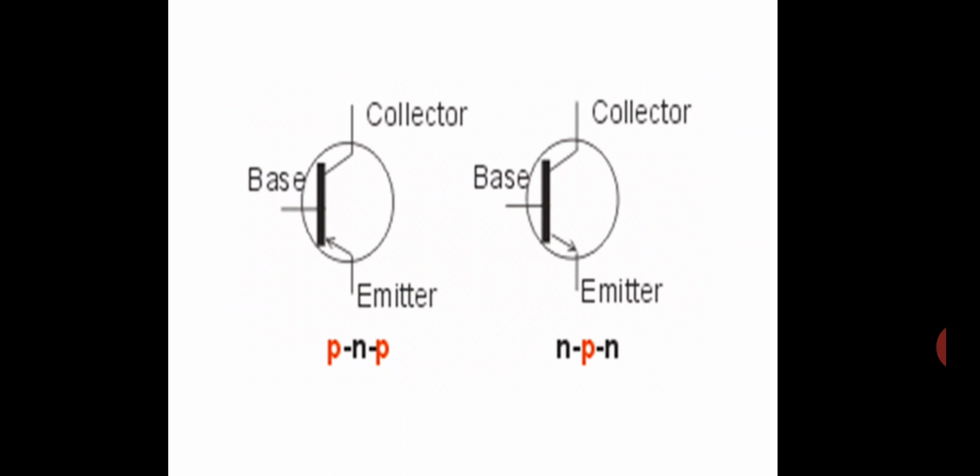If we now join together two individual diodes back to back, this will give us two PN junctions connected together in series that share a common P or N terminal. The fusion of these two diodes produces a three layer, two junction, three terminal device forming the basis of a bipolar junction transistor or BJT.